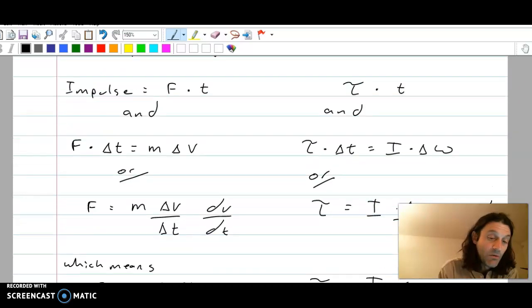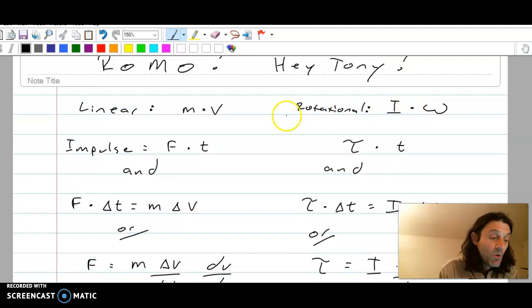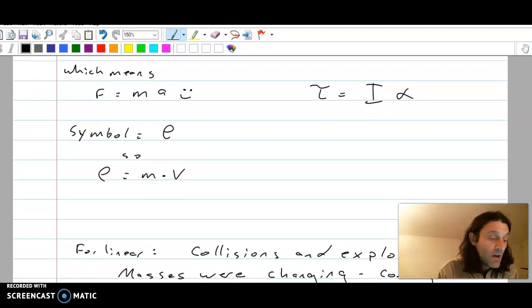But please remember the link between momentum and Newton's second law. A quantity that is an I times an omega is rotational momentum. So linear momentum, rho, is mass times velocity.